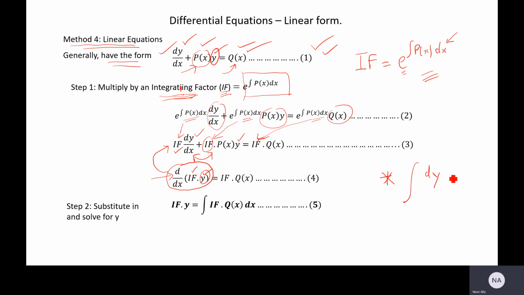What is the integral of dy? That is simply y. What is the integral of dx? That is simply x. The integral of a derivative is simply the function itself. So if I integrate both sides, I find that the left side is my integrating factor times y, and I integrate the right-hand side, I get the integral of the integrating factor times q(x) dx.